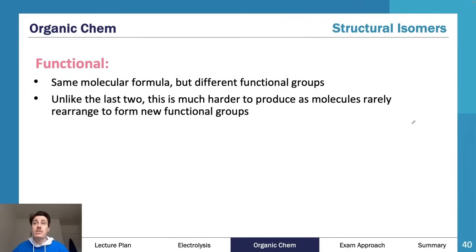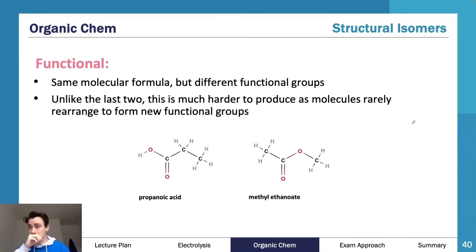You have changed your functional group. Same molecular formula, but you've got a different functional group. As you can see here, you've gone from propanoic acid, a carboxylic acid, to an ester, methyl ethanoate. This doesn't happen. You don't just get a carboxylic acid and then manipulate the exact same molecules into a methyl ethanoate, into an ester. It's not going to happen.